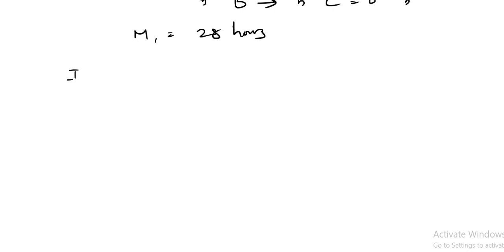Next we calculate the idle time for M2. The idle time before job A starts is 4 hours, because job A starts M2 at 4.